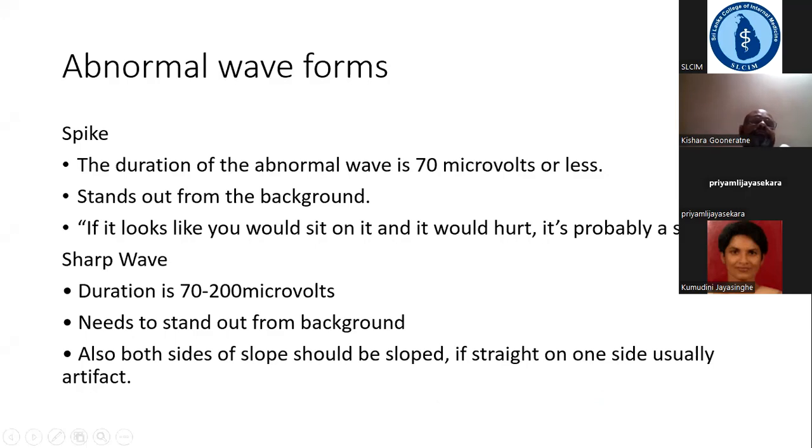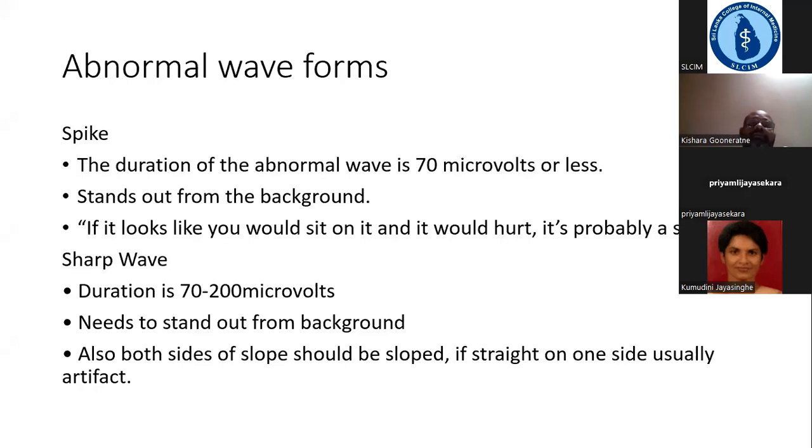And basically, the 4th step. So now we've gone through the first 3 steps, that is appreciating the background activity, then appreciating whether the EEG is symmetrical or asymmetrical, and also the level of alertness during recording of the EEG, and what changes to expect during an awake EEG versus an EEG where the patient is sleeping, and the changes that can occur during various stages of sleep.